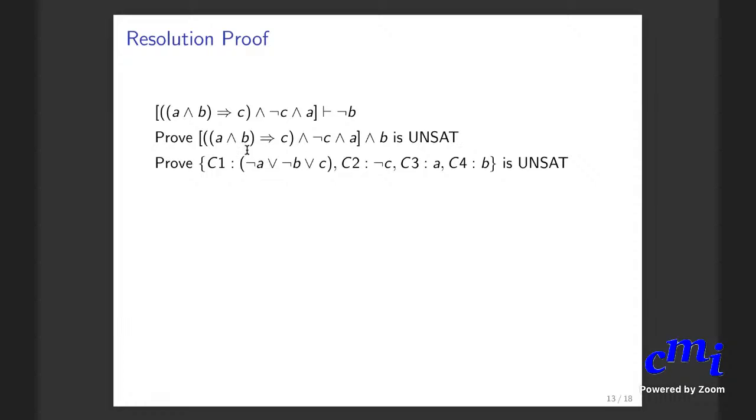So taking the negation of A and B using De Morgan's law, the negation of A and B becomes not A or not B, or C. So I converted that into a clause. The other two are already in clausal form because they each have a single literal, not C and A. And to that, I have also added B. So far, clear? Any questions?